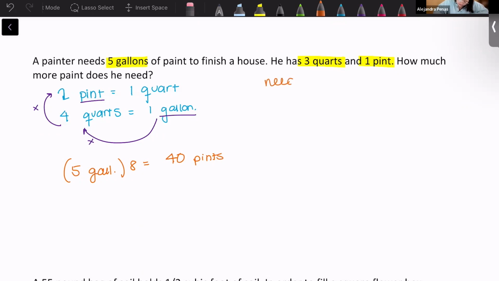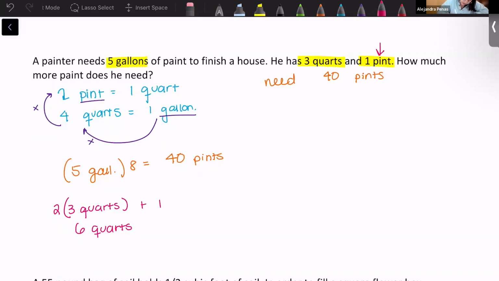You need 40 pints. Now let's see how much paint you already have. You have 3 quarts, which if I multiply that by 2, I'm going to get pints. That's going to give me 6 pints, plus the 1 pint you already had.